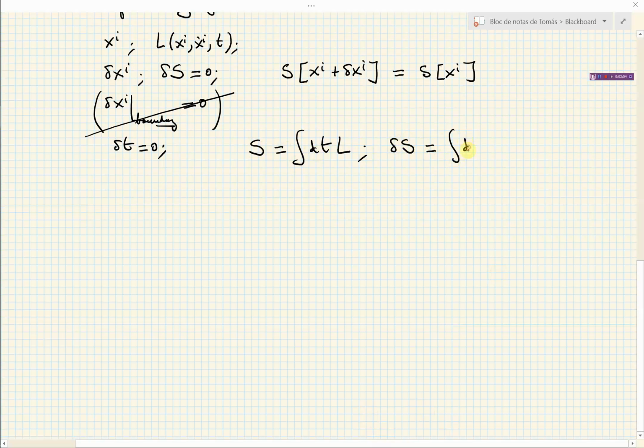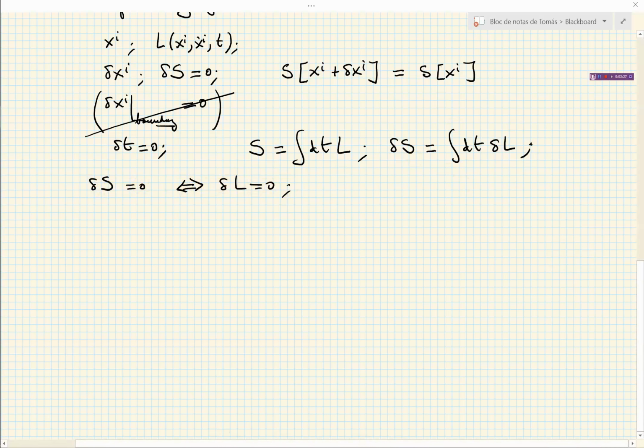This is just the integral of the variation of the Lagrangian, which means that in this simple setting, clearly delta S is 0 if and only if delta L is 0, because we haven't assumed any particular boundary conditions.